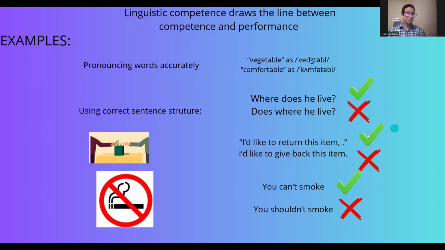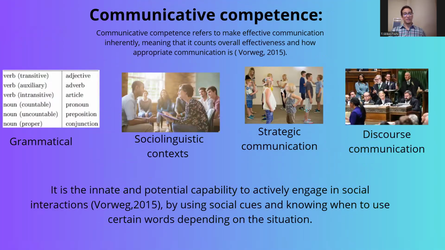Now, further on, we're going to go with communicative competence. Communicative competence focuses more on how appropriate our communication is, while linguistic competence focuses on how we inherently know the phrases and the language itself. This one focuses more on communication.